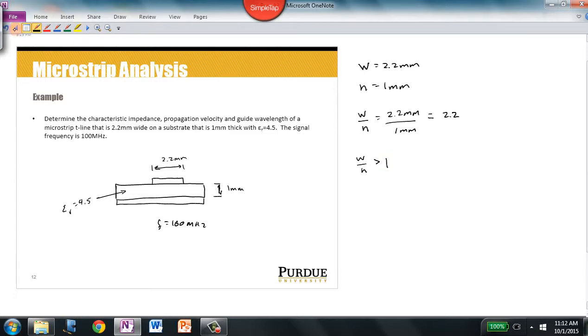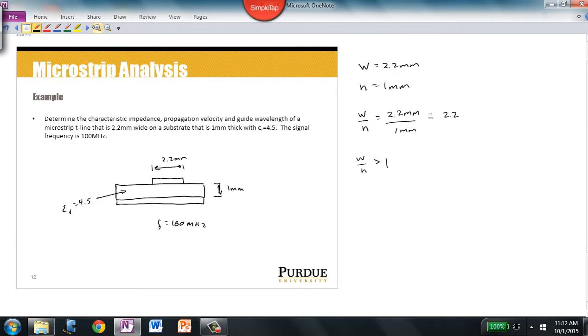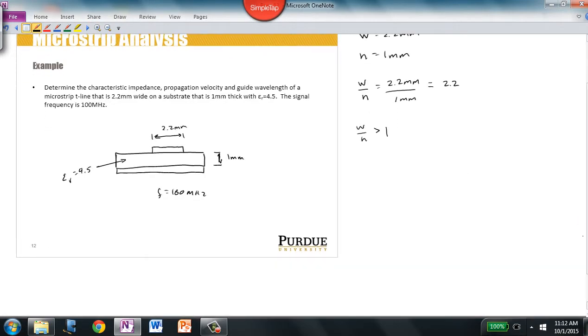If we flip back to our analysis rules, we see that it is greater than 1, so we are in the low impedance regime, and we're going to use this equation right here. Therefore, low impedance.